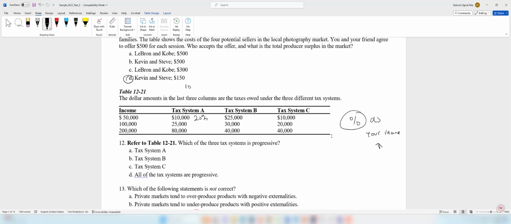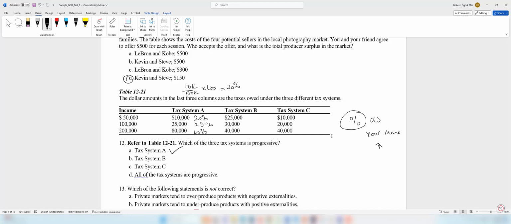How do I find it? 10K divided by 50K times 100 is 20%. And if you pay $25,000 out of 100,000, then your tax is 25%. And if you pay 80,000 out of 200,000, then it's 40%. As you see, the tax percentage increases as your income increases. So tax system A is for sure progressive.